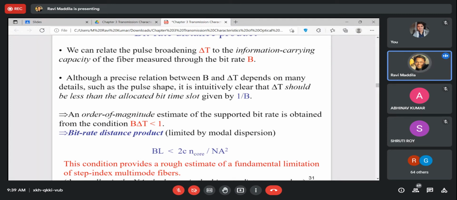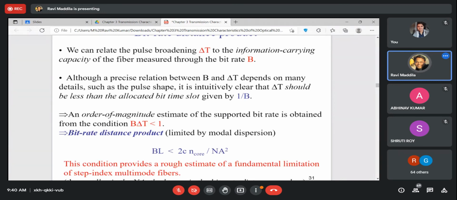The pulse broadening and the bitrate, the product of these two gives us an order of magnitude estimate of the supported bitrate.